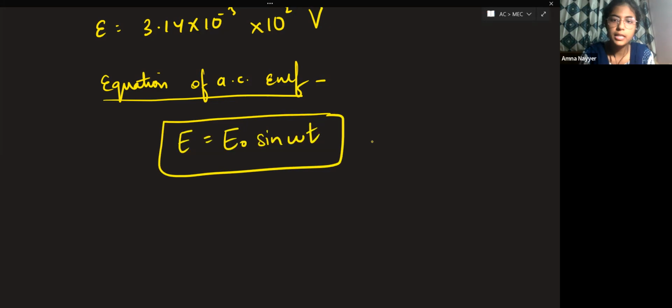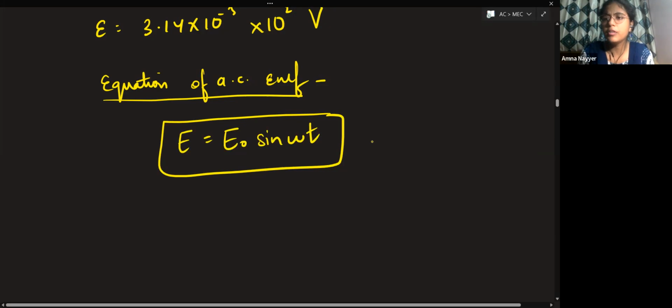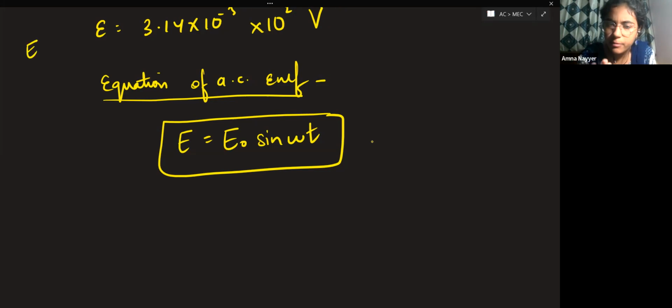Now EMF is written in which manner? When we were studying DC, we used to write EMF as E only. So there will be a difference in the EMF that has occurred in alternating current. Alternating EMF will also be there apart from the alternating current, or because of the production of alternating current. So apart from this E that we earlier used to write, now we'll be having sine omega t.